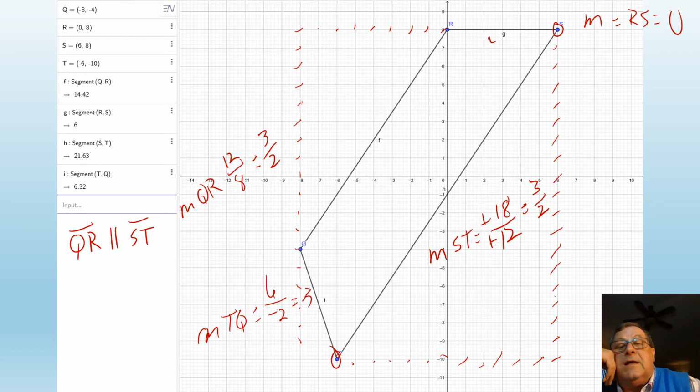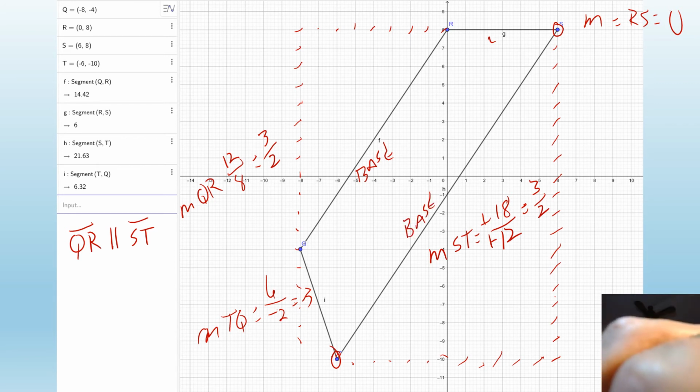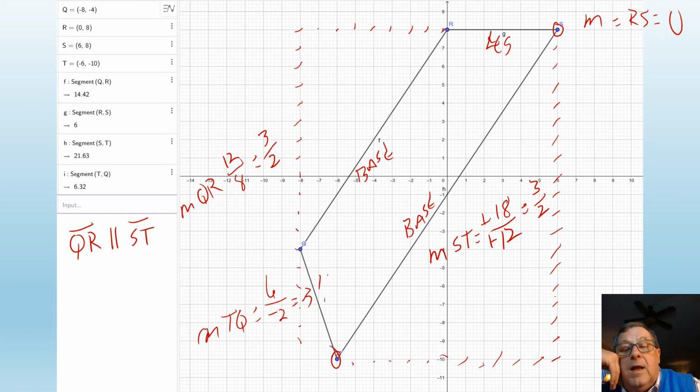So that would mean that QR is our base and ST is a base, and RS is a leg and TQ is a leg.